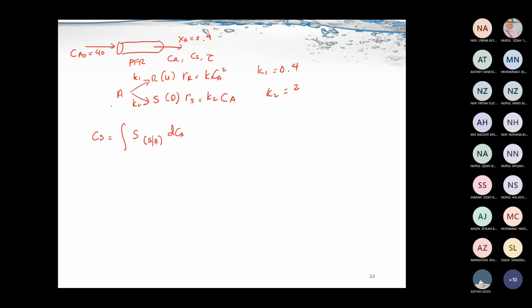Of course kalau kita nak buat integration, kita kena ada number untuk upper and lower limit. Upper limit usually would be 40 sebab we have CA0 is 40, and we can get CA sebab CA is equal to CA0 times 1 minus X. So CA0 is 40 times 1 minus 0.9, then you will have CA which is 4. So 40 should be the upper one and 4 is the lower.